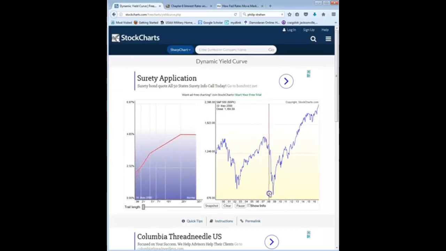And here we go into the depths of the financial crisis. And notice that short-term interest rates now are almost zero. And now they are zero as we're in the very depths of the financial crisis. Notice that even though the yield curve is still upward sloping, how low long-term rates are.